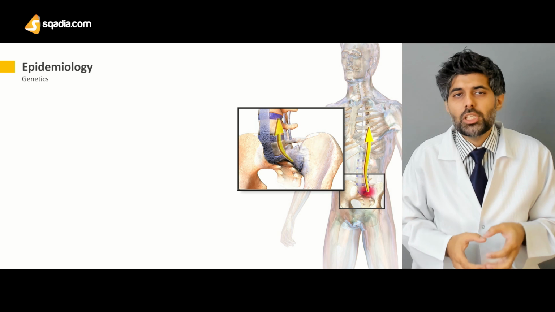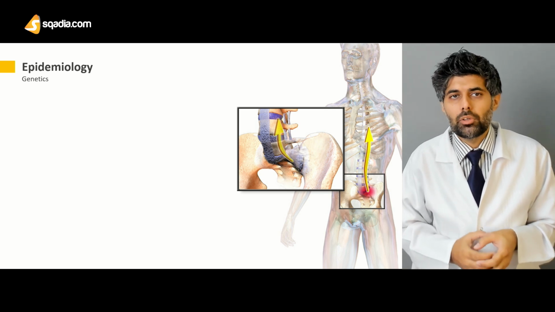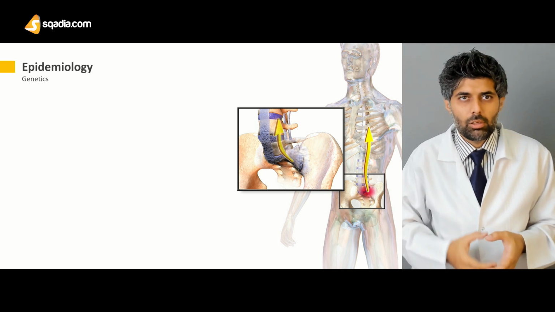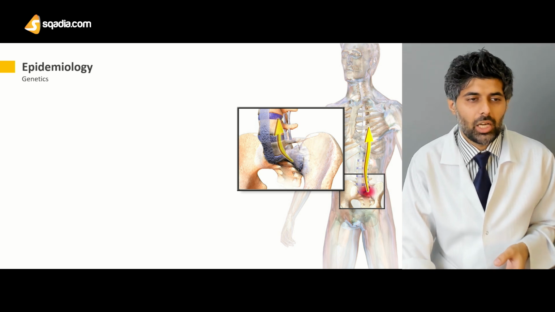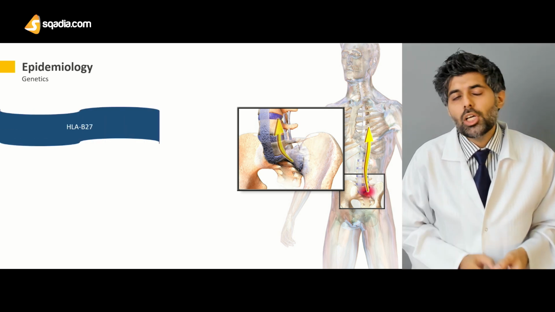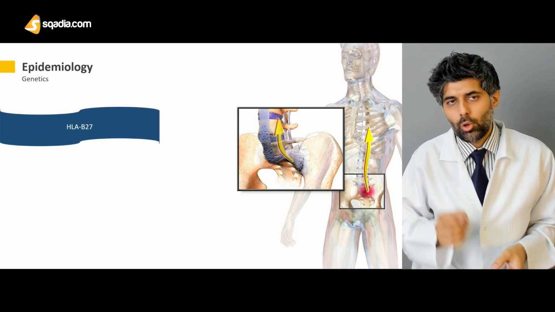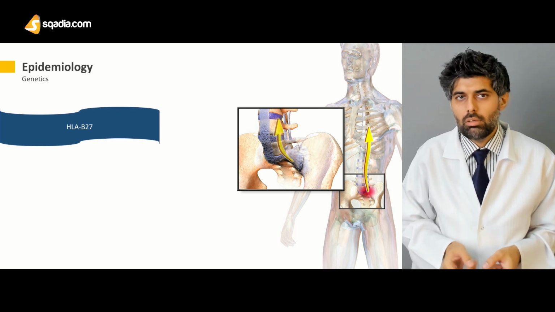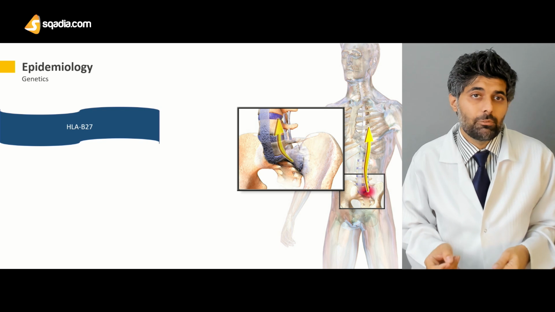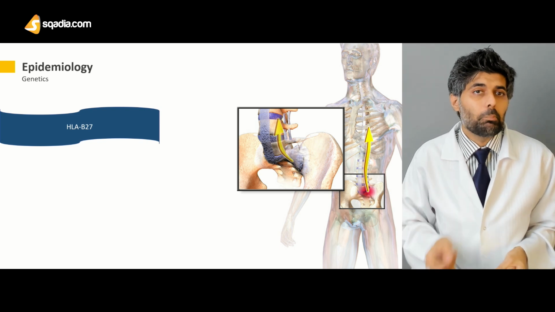So, the study of genetics in any disorder is compulsory. As for ankylosing spondylitis, the HLA-B27 or human leukocyte antigen designation B27 is of extreme importance.